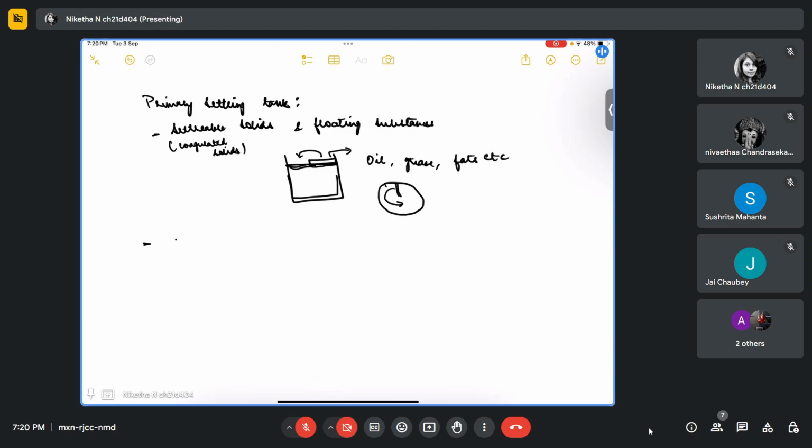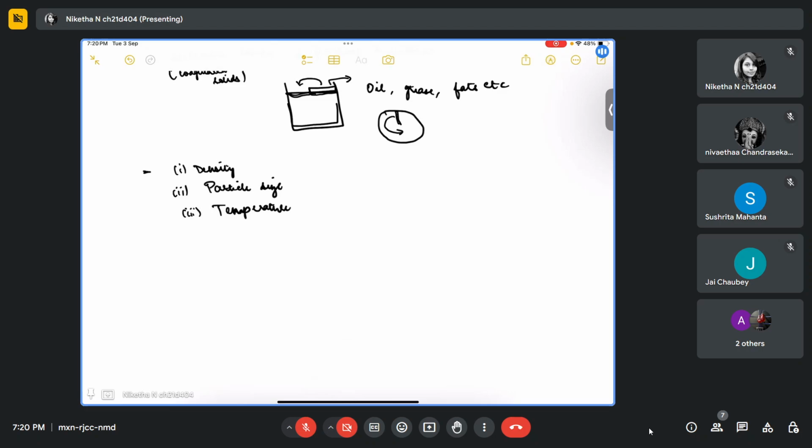For example, the particle density, the size of the particle, temperature, because temperature affects the viscosity, so that's why temperature is also important. Turbulence will generally hinder the settling of particles. When it is highly turbulent, then settling will be very difficult.